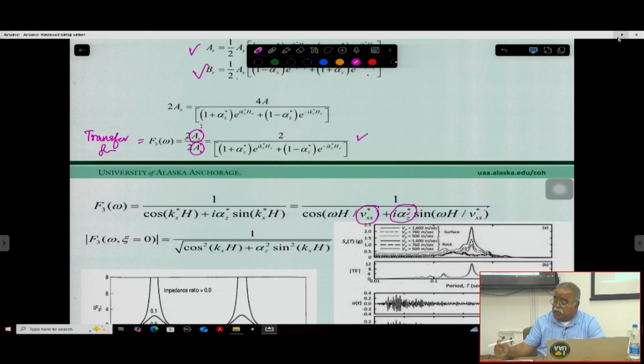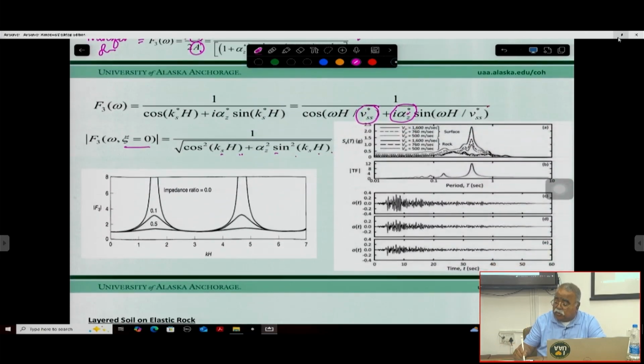So that will be coming into account, right? If there is no damping present, that means xi will be equal to 0. If you put that, then this will be equal to cos square kh s plus alpha square sin square kh, right?